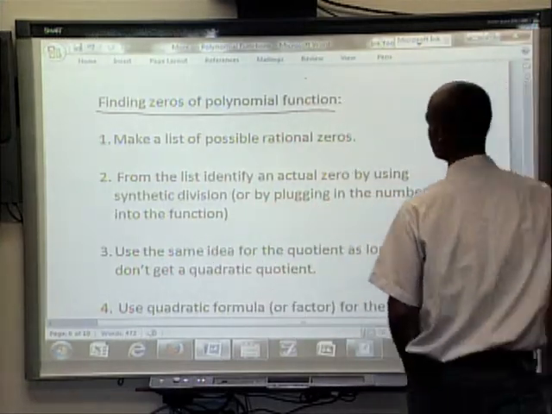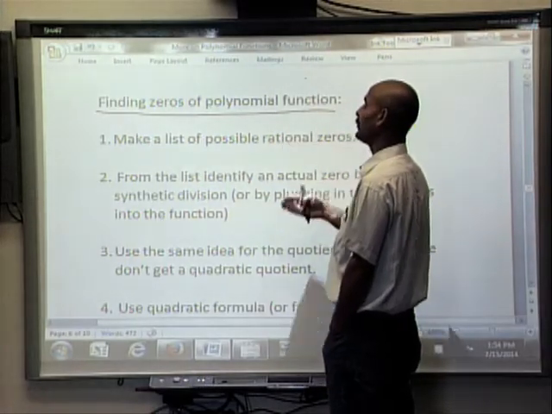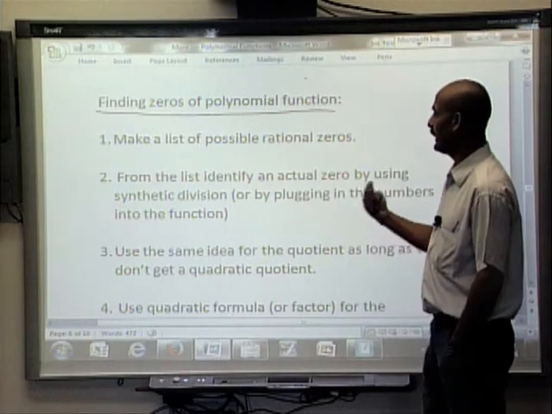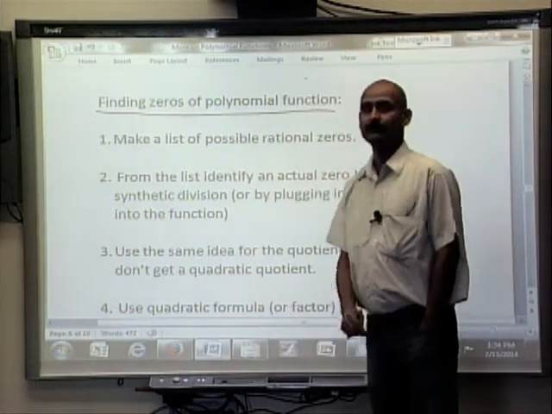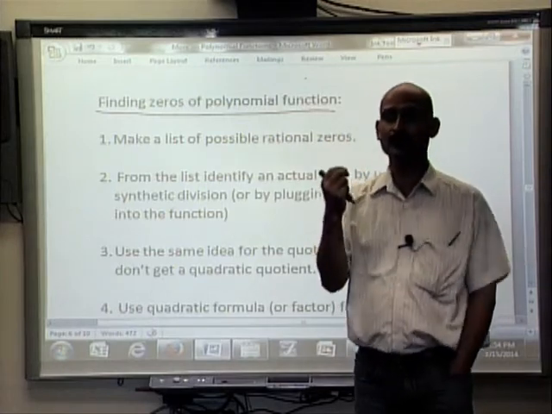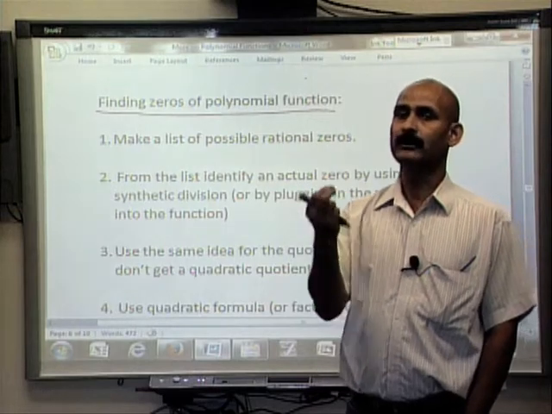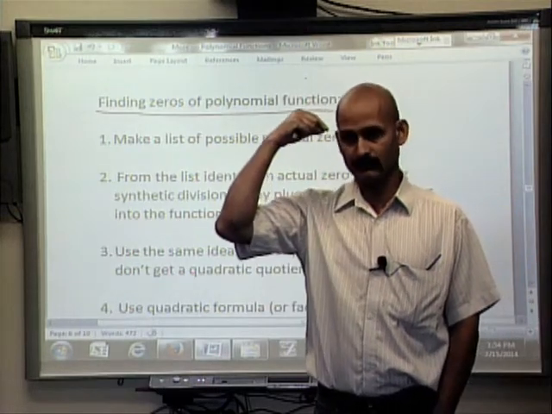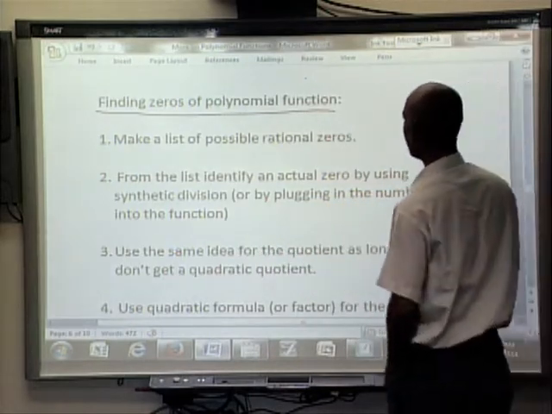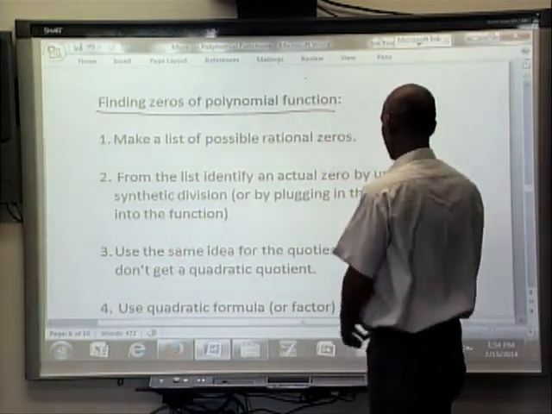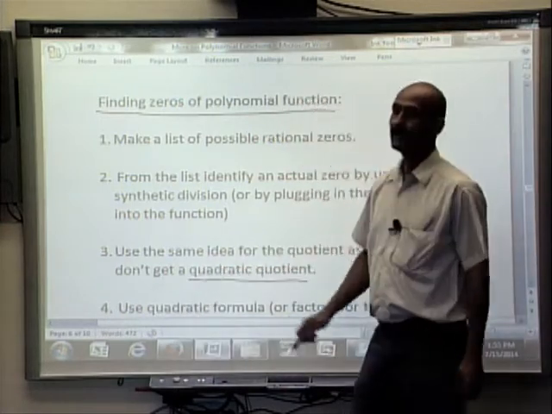I will show you how synthetic division can be used to identify which of the possible rational zeros is an actual zero. Now, once we use synthetic division, we know synthetic division will give us a quotient. Once we have the quotient, use the same method for the quotient and keep going, keep going as long as we don't get a quadratic function in the quotient.